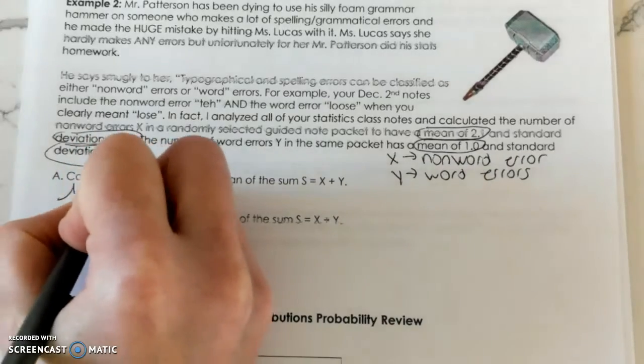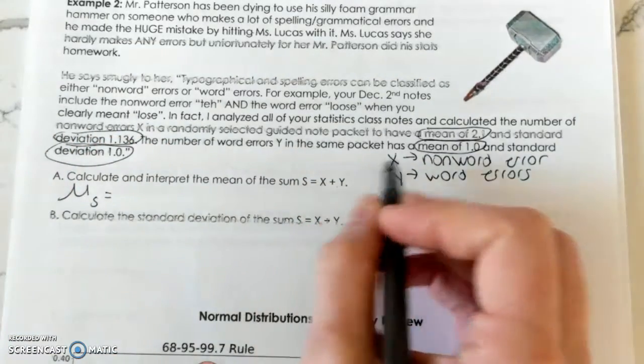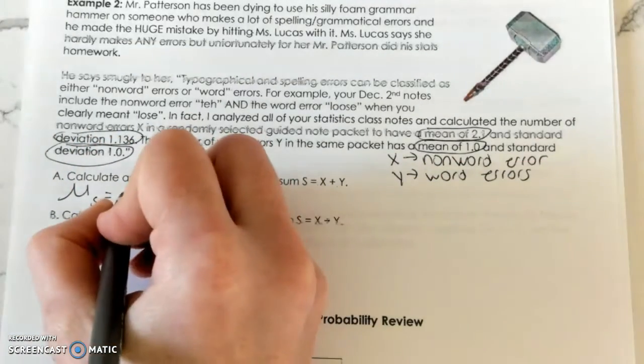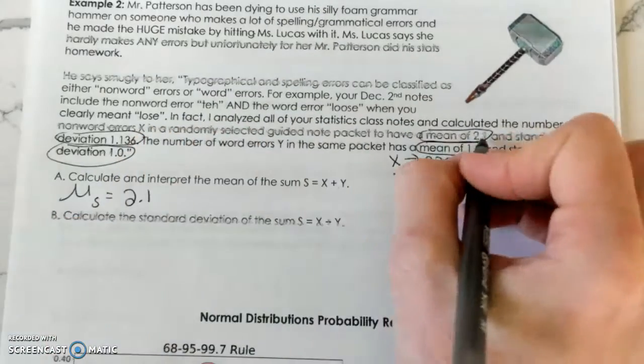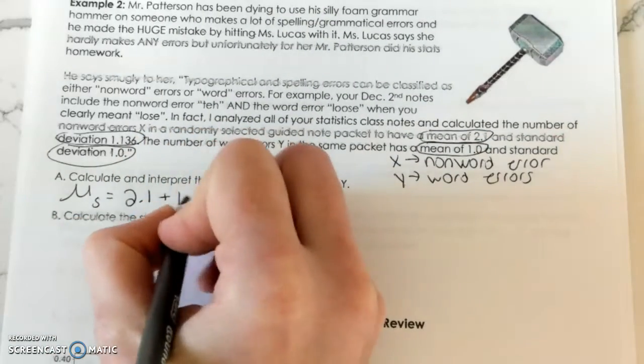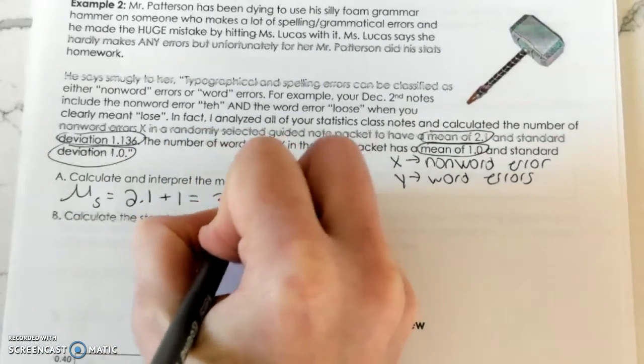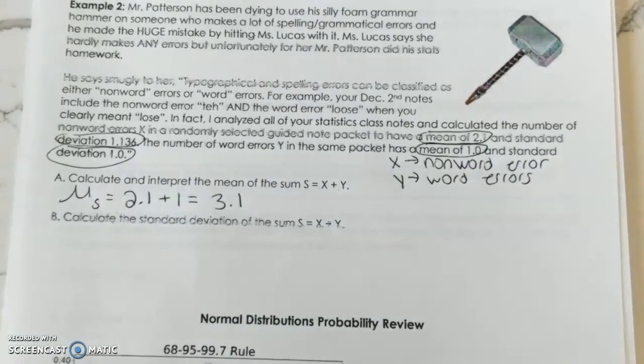So remember, if I'm finding the mean, it's just going to be the sum of the two means when I'm combining. So the first mean was 2.1 and the second mean was 1. So when I combine them, I get a mean of 3.1.